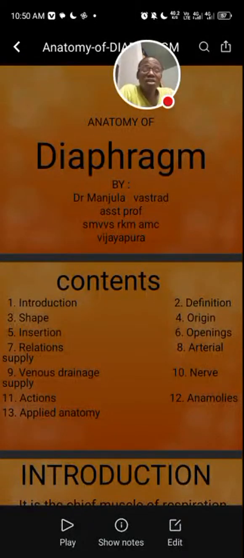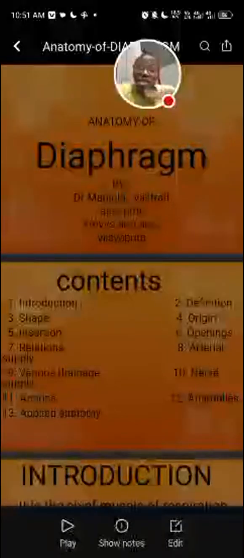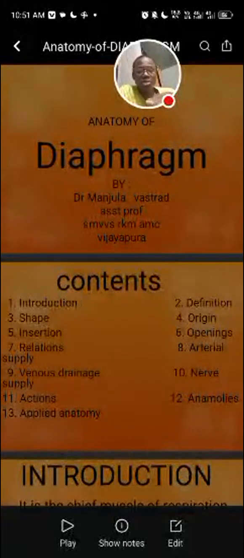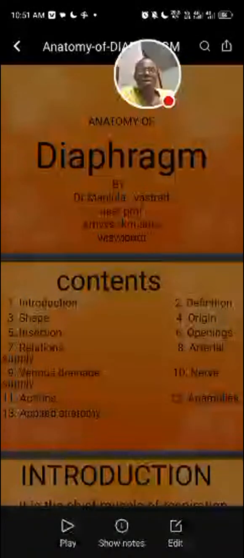C for costal origin, V for vertebral origin, and S for sternal origin. Moving away from there, the costal origin is from the inner surface of the lower six costal cartilages and ribs.